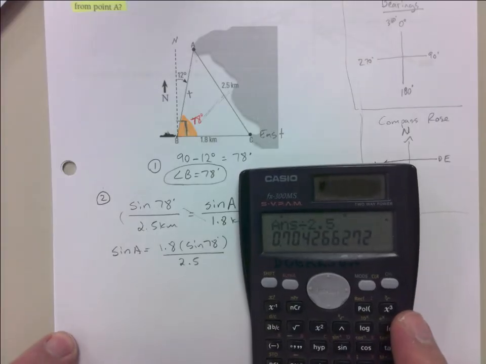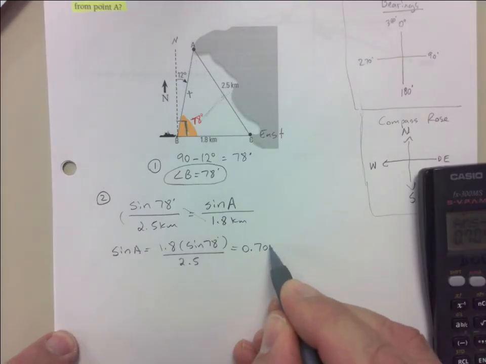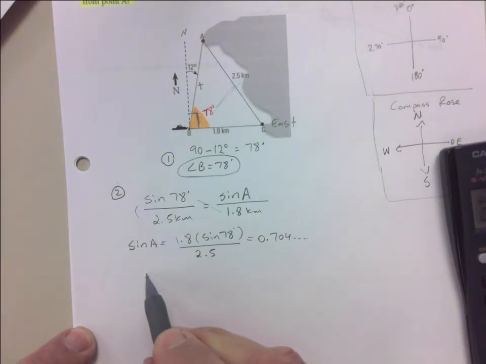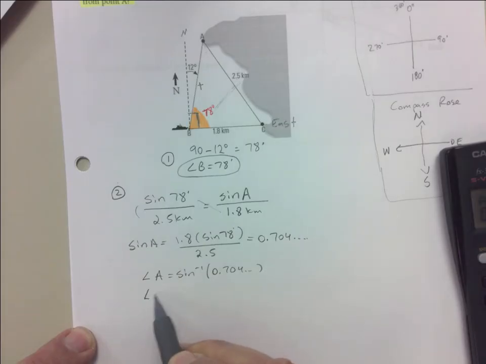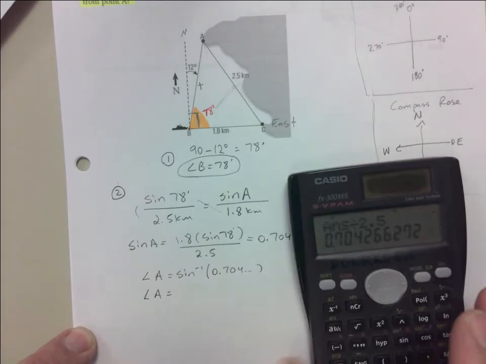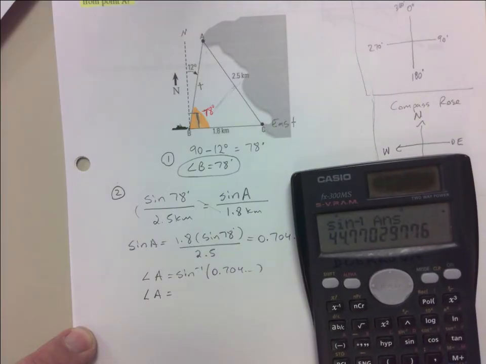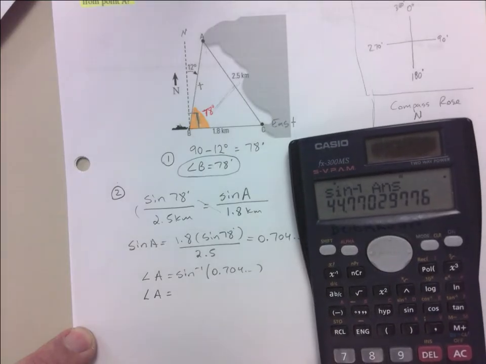That's 0.704. Then I figure out the angle. So you go shift sine equals on my calculator, 44.77. Okay, 44.77.